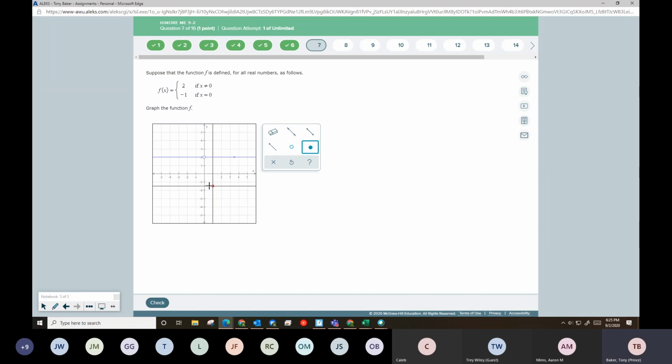And now when x is 0, the answer is -1. Does that make sense? This is the hard part. It's going to be a little more complicated.